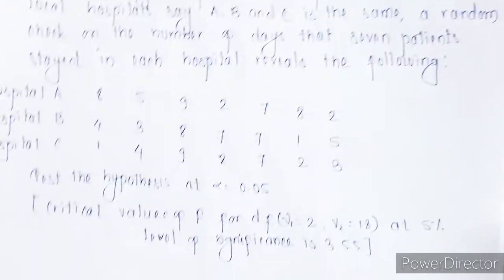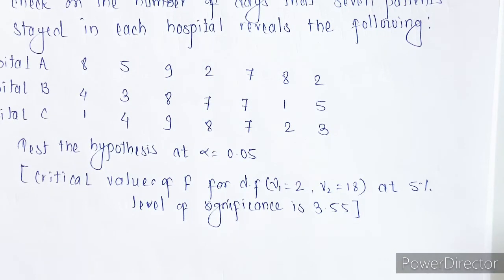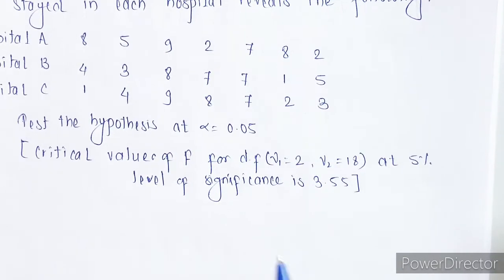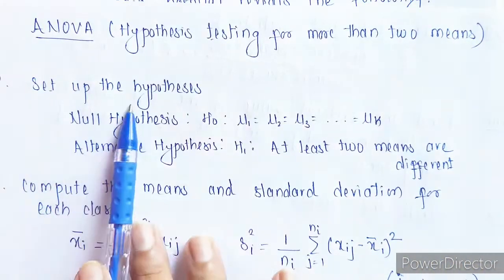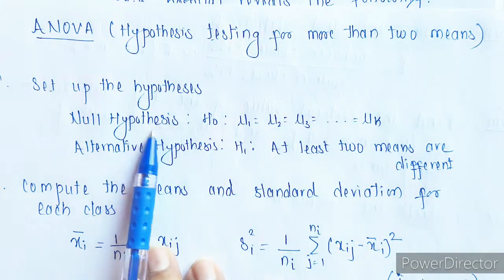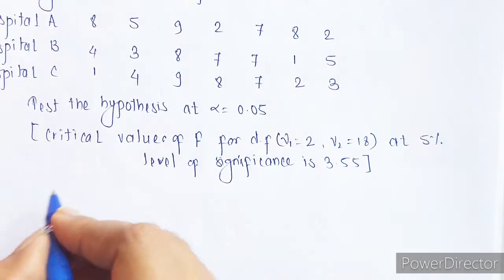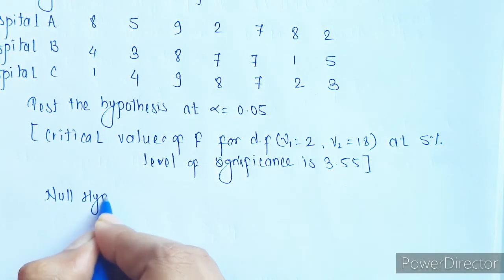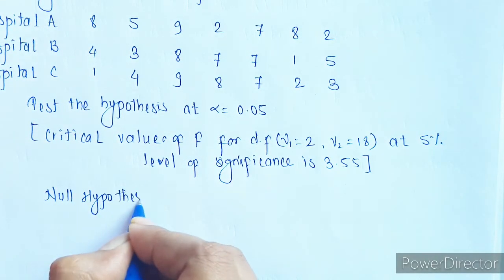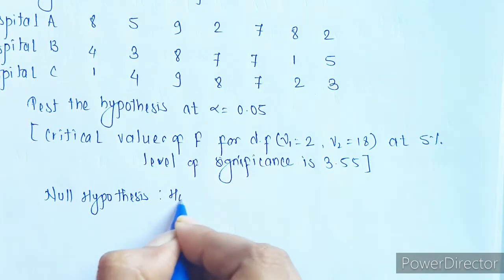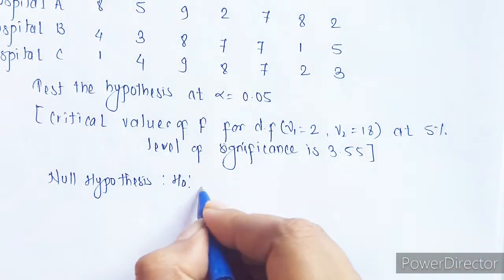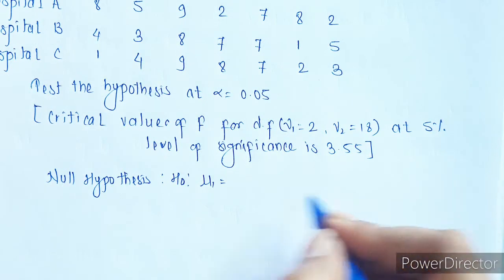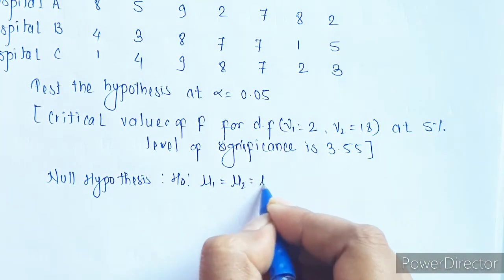So first thing we have to set up our null hypothesis and alternative hypothesis. So we are going to follow these steps. The first step is we have to set up our hypothesis, the null hypothesis and alternative hypothesis. First, the null hypothesis. In this case, the null hypothesis will be mu1 equals mu2 equals mu3.